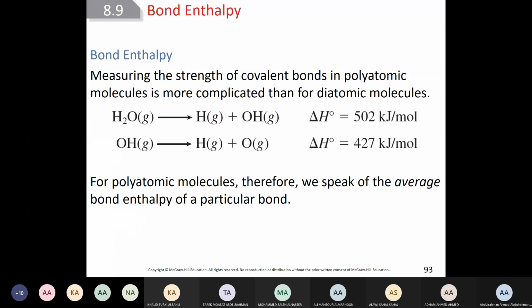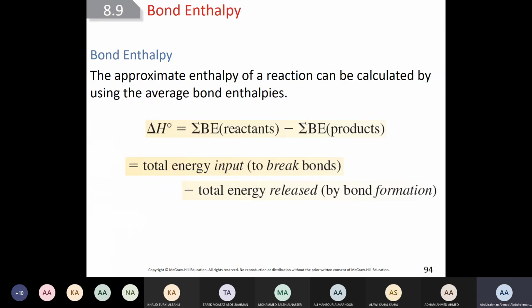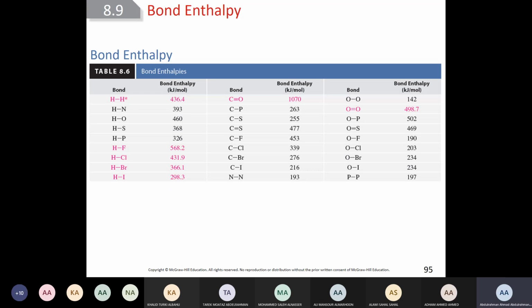Now, it has been calculated for so many compounds. So this table here shows you all the bond energies, and you can see that this is single bond, we have O-O single bond, we have O-O double bond, we have O-P, O-S, O-F, and so on, and C-F, C-S, and so on and so forth.